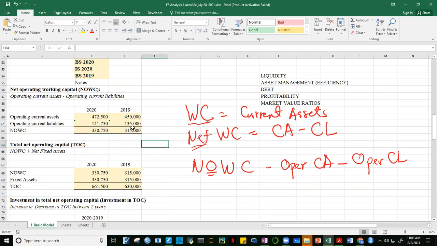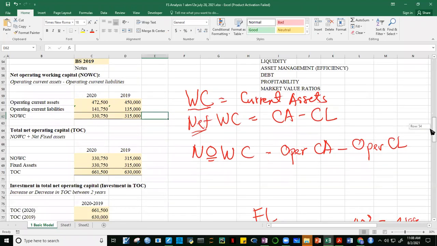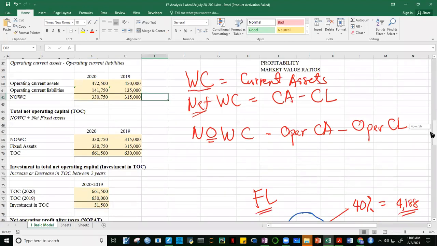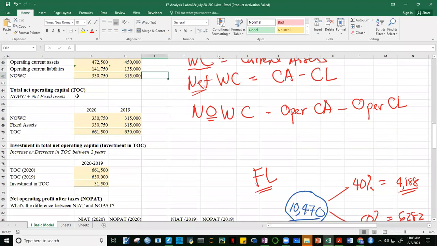For 2019, using the same formula, it was 315. So we can say that during the year, there was additional net operating working capital added, 15,750.